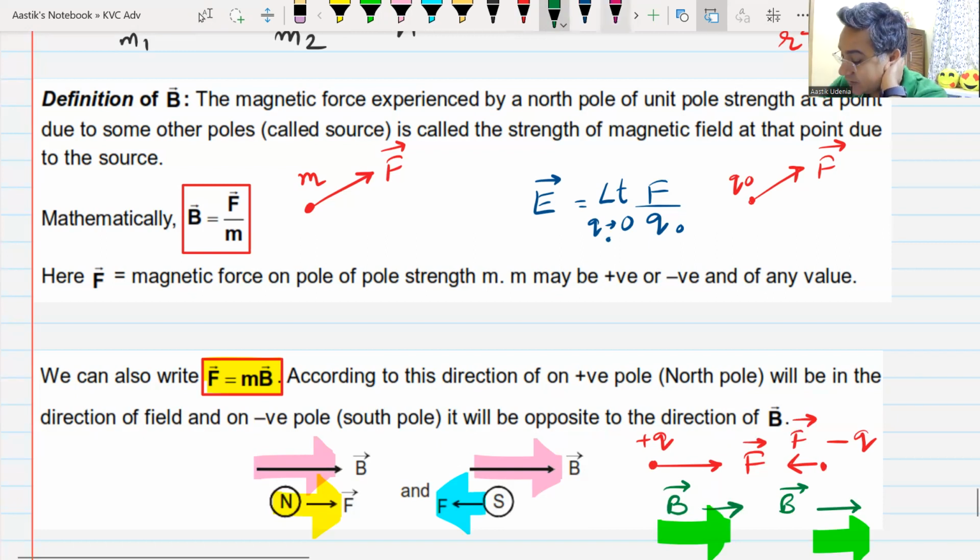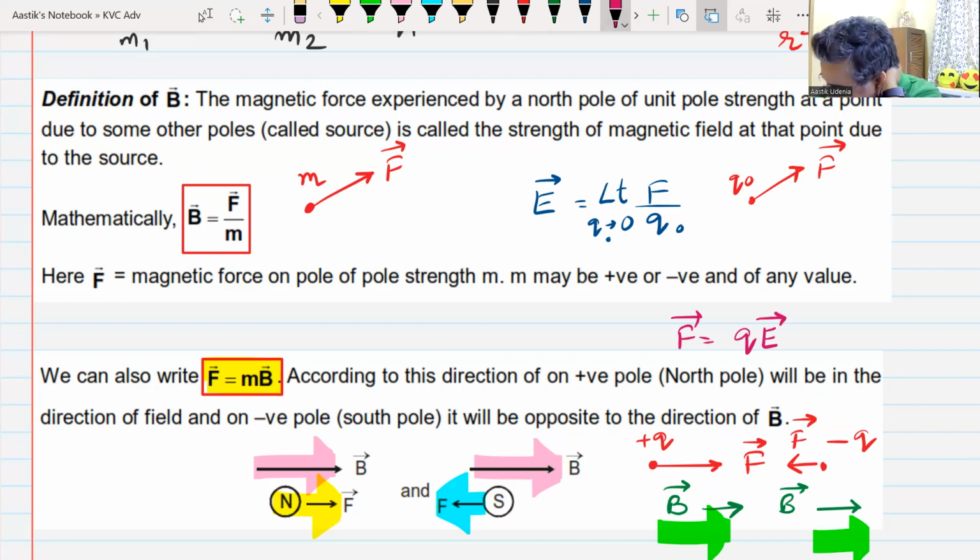Also remember that this force F vector can be written as Q multiplied by E vector. Yes or no? Yes, sir. Everything is similar. So this is the last revision of electric field that we are doing. Do it cautiously.